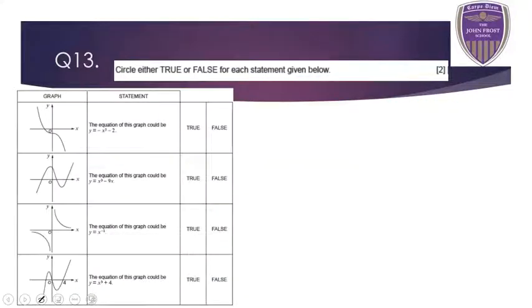And then number 13, circle either true or false for each of these graphs, okay? So I'm going to put a little bit of explanation over here. This is definitely true because it's definitely a negative cubic graph, okay? A positive cubic graph would be something like that.